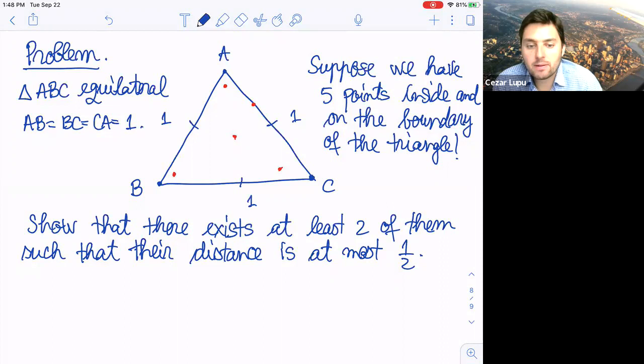H, the altitude of the triangle. That's what you mean? So yeah, you take the altitude, let's say from A, but how do you know you have divided your triangle into equal parts?